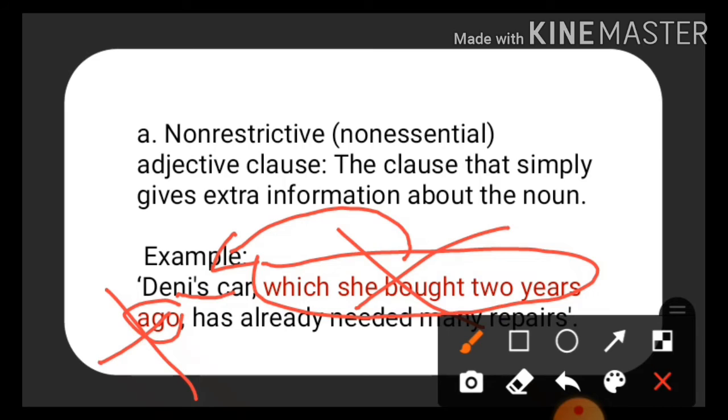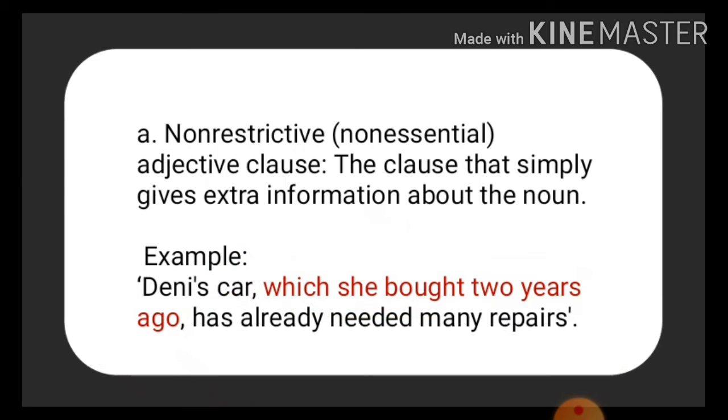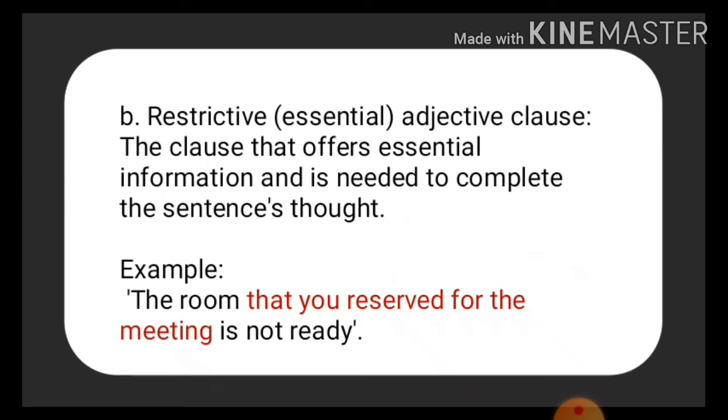Okay, let's move to the next type of adjectival clause, which is a restrictive or essential adjective clause. It is the clause that offers essential information and is needed to complete the sentence. Jadi restrictive or essential adjective clause itu adalah klausa yang memberikan informasi penting dan dibutuhkan untuk melengkapi suatu kalimat.